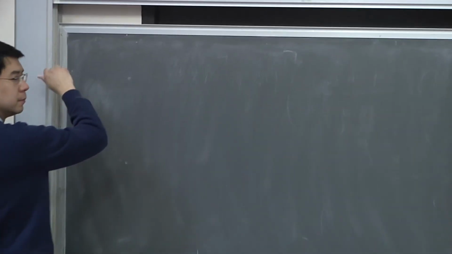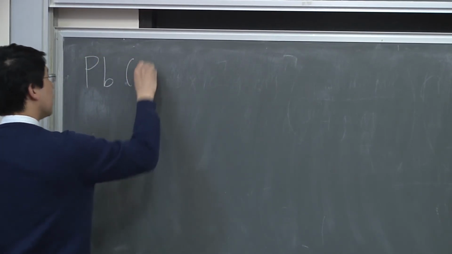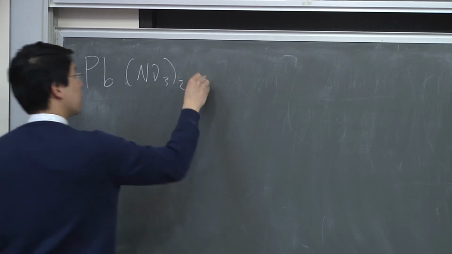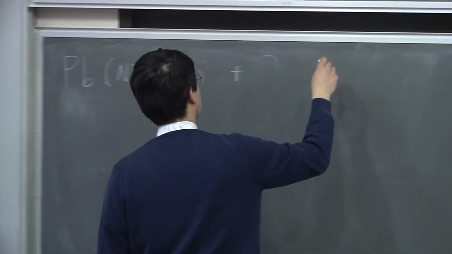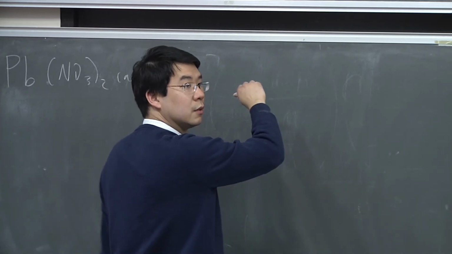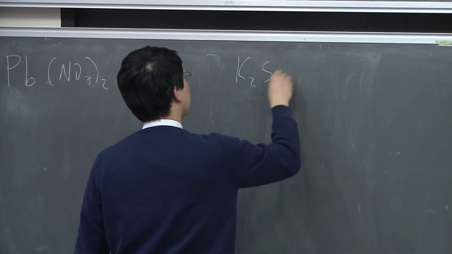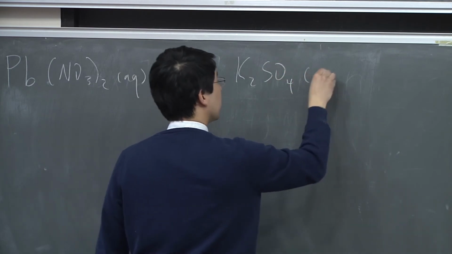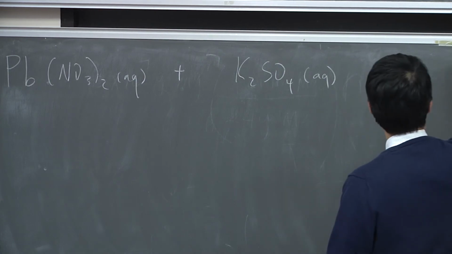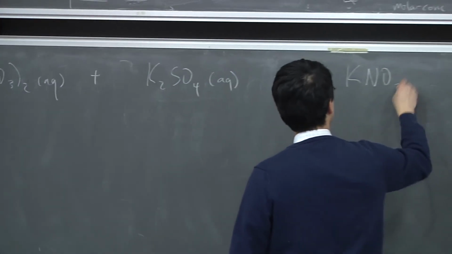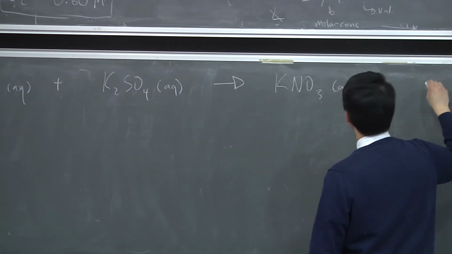That was lead nitrate, PbNO3 aqueous, plus, what was it? Potassium sulfate, K2SO4 aqueous, and that reacts to give us KNO3 aqueous plus PbSO4.